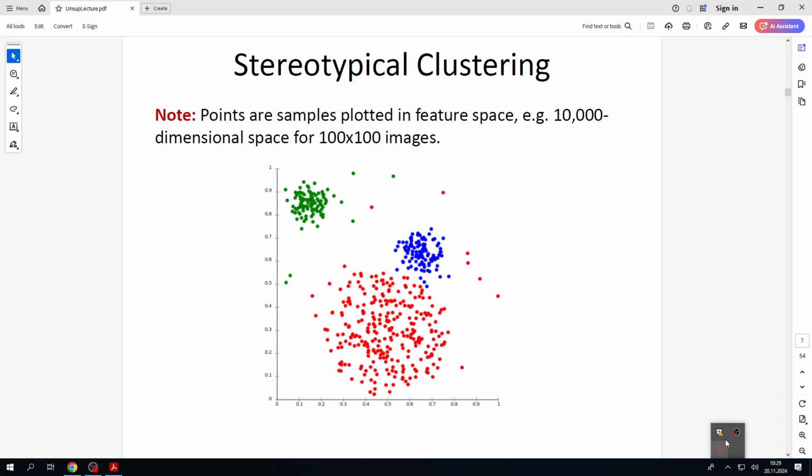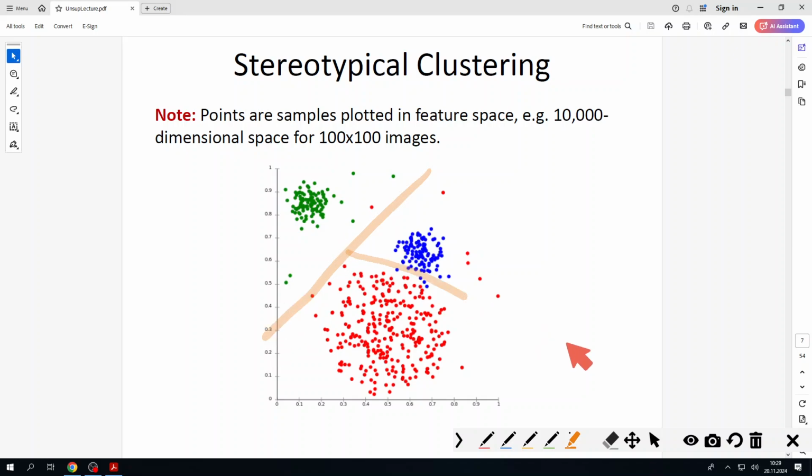So in a sense, you can say that we can have certain regions here, like region 1, region 2, and region 3. Any point that belongs to a certain region is, with high probability, though we cannot say for certain, going to be of this specific cluster.